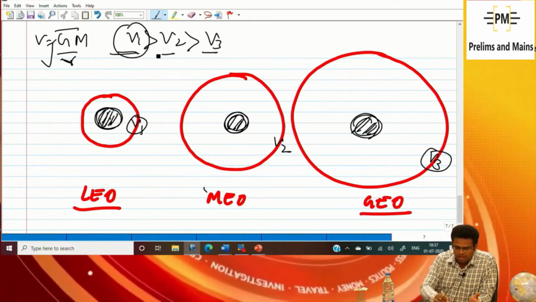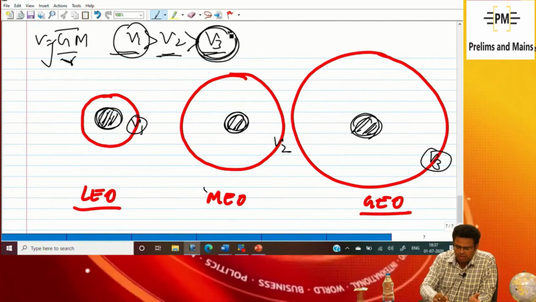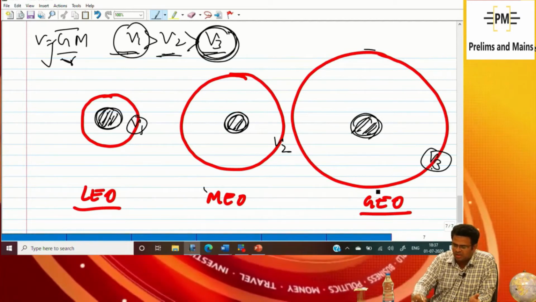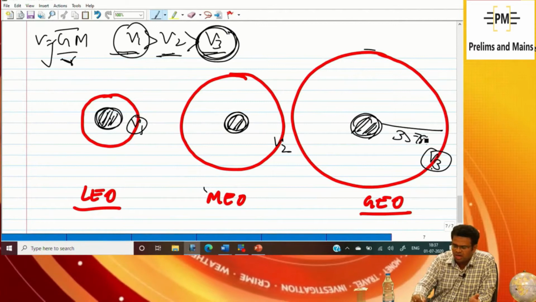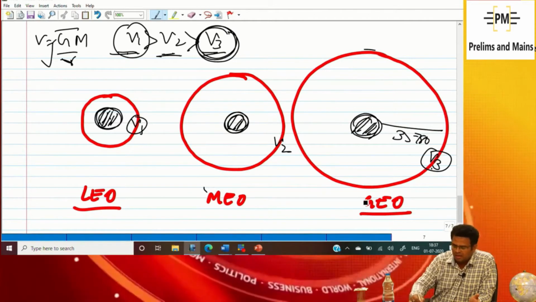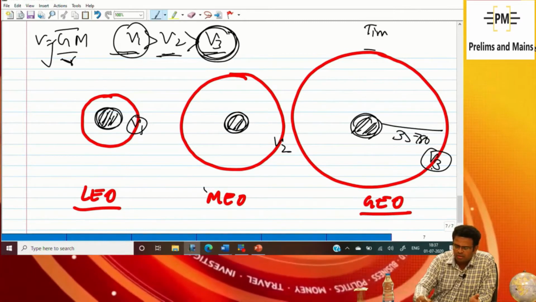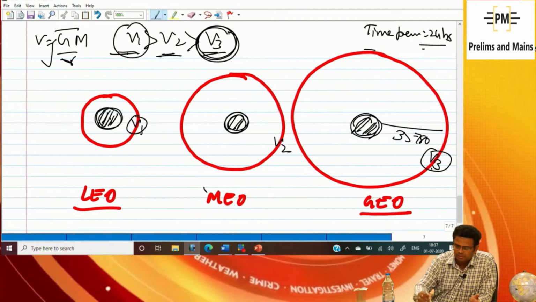So you come to know that V3 is lowest compared to V2 and V1. At the same time you can see that it is a large circumference, 35,786 kilometer, so it takes a large circumference to cover, and its revolution time period is 24 hours.